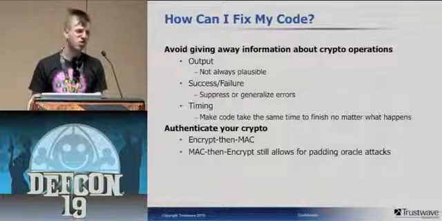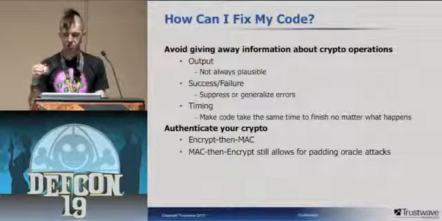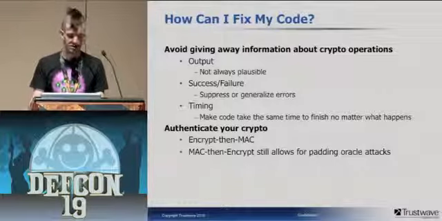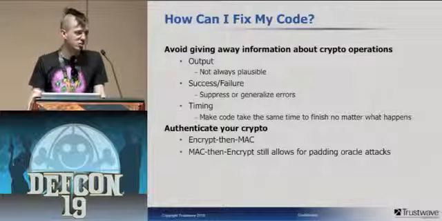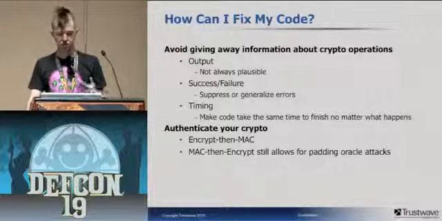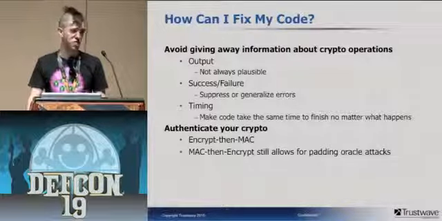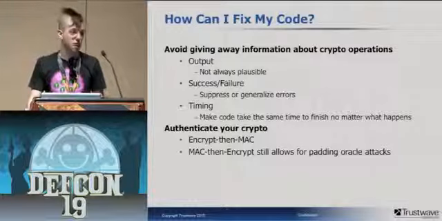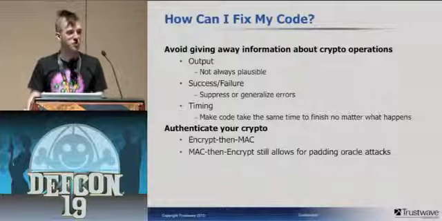Now, in certain circumstances, like the example of the encrypted session data, that's ugly, and there's not really a great way that you can do that right. One thing that you can do, however, is to use a different IV. Don't reuse keys and IVs if you can help it.